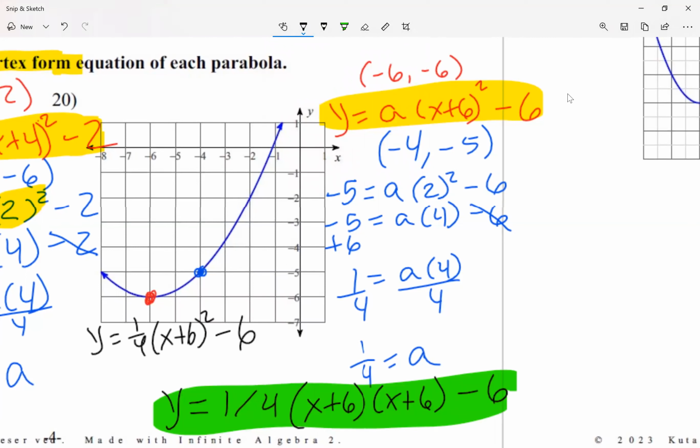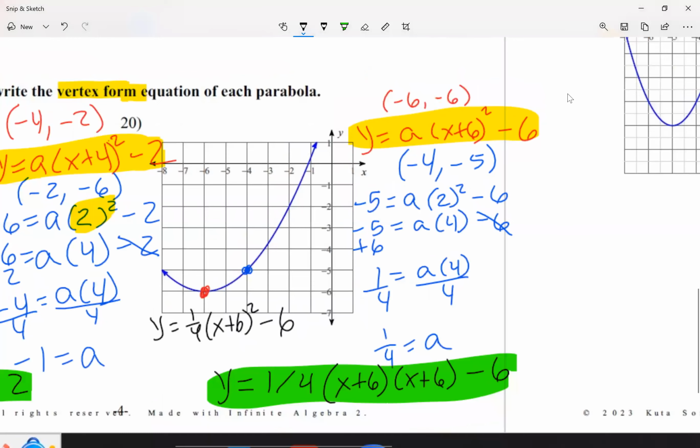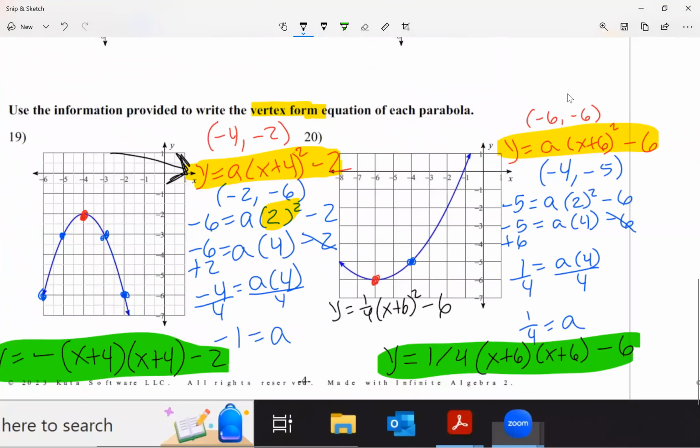But notice how the 1/4, I wrote the 1/4, and then the exponent, right, the parentheses, I typed it twice. So let me emphasize, this is the vertex form. You guys, on your homework, some of them are going to ask you for the vertex form. Now, let me flip the page.